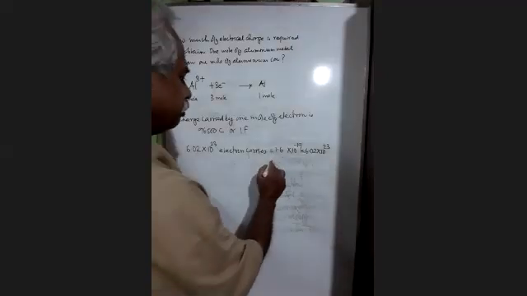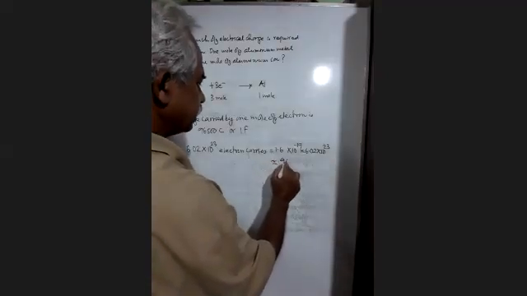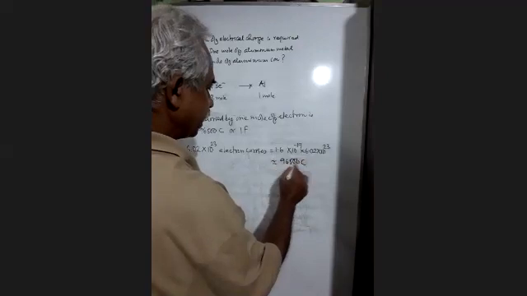It comes to near about 96,400 something. And for simplicity, we make it 96,500. From there only that value has come.